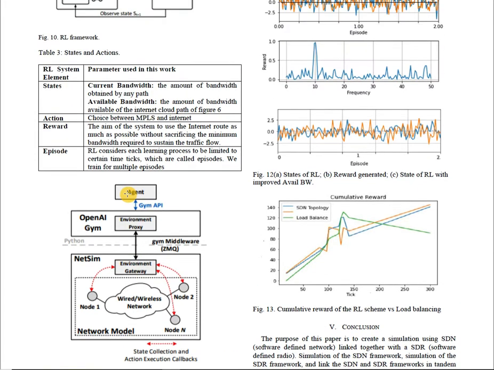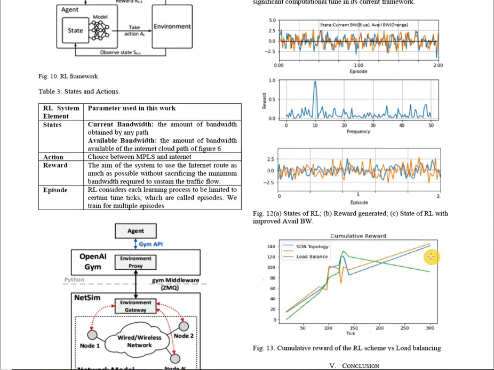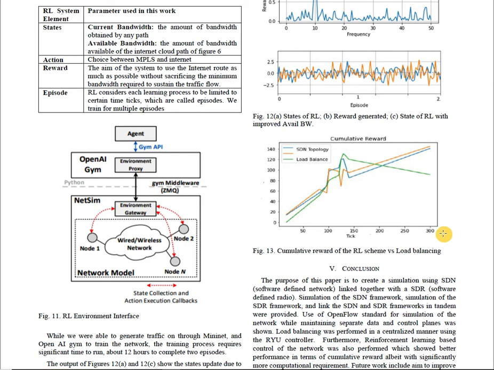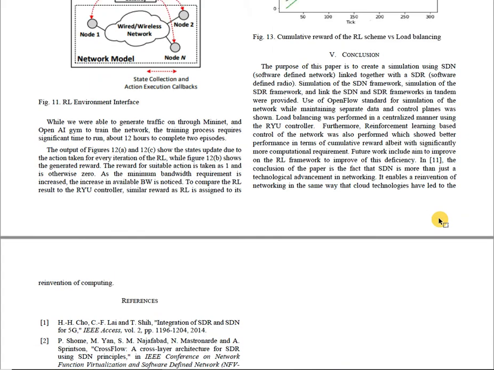Once we have this network running, we see the results that we obtain through the RL environment. You can see from the RL environment results comparison in figure 13 that, compared to load balancing shown in green, the RL environment performs similarly to some extent for a lower number of calculations, less than 150, but if you go beyond it, load balancing gives way to RL, and the performance of RL takes up.